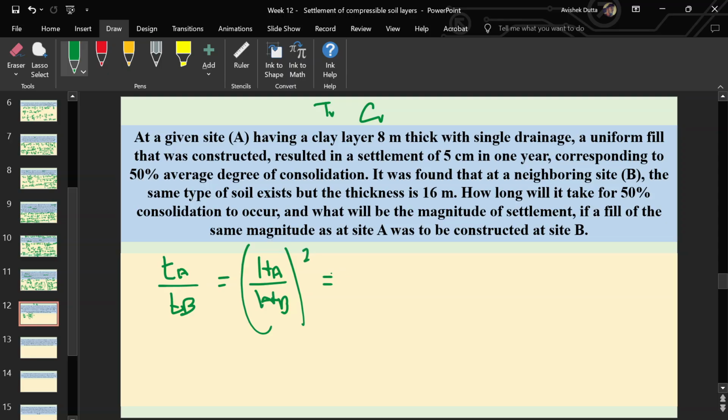Now what we are told to find out initially, how long will it take? So Tb we have to find out. Tb is equal to Ta into Hb by Ha whole square.